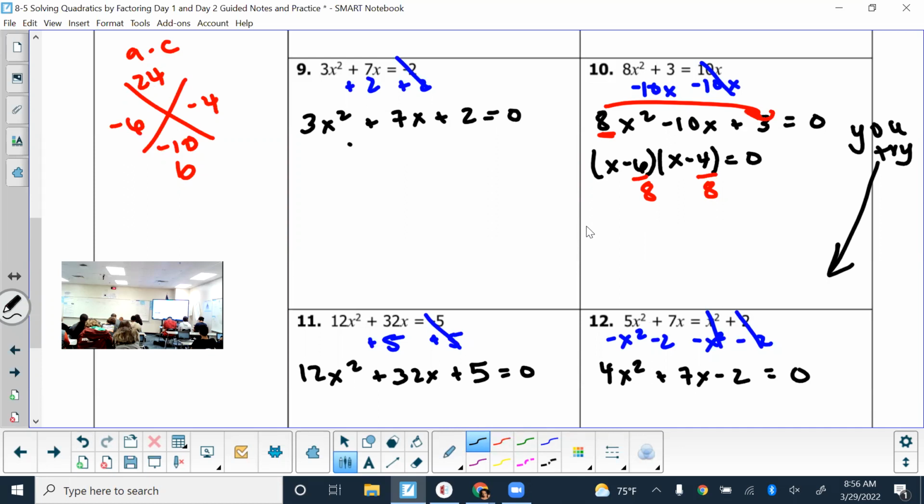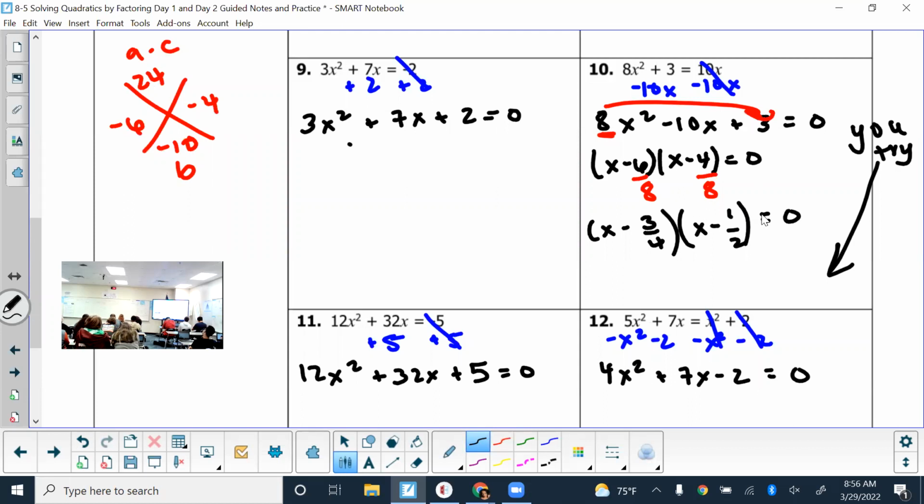What does 6 over 8 reduce to? 3/4. What does 4 over 8 reduce to? 1/2. And in both classes so far, people have said 2. Don't flip the fraction. I know your brain kind of wants to, but it's okay for a smaller number to be on top. 1/2, not 2.